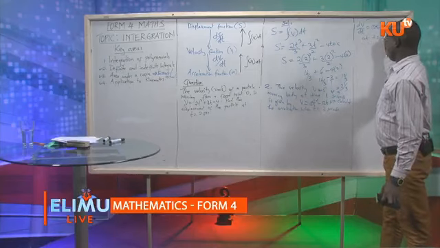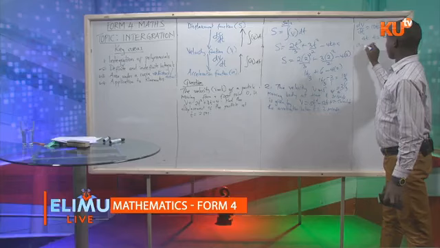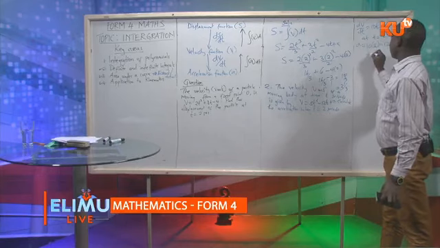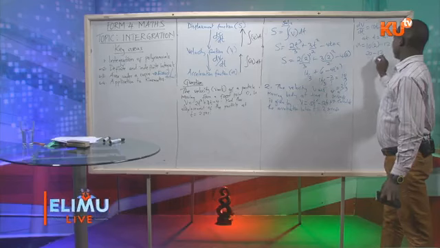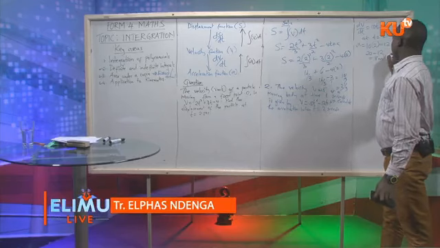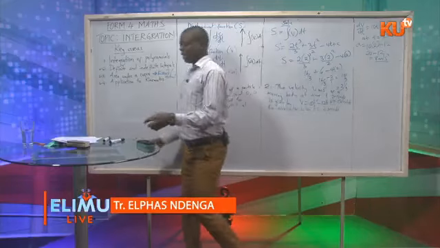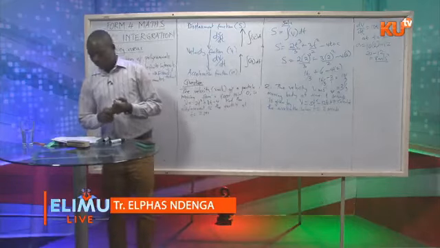Then at t equals 2, a will be 10 into 2 minus 12. So this is 20 minus 12, which is 8 meters per second squared.